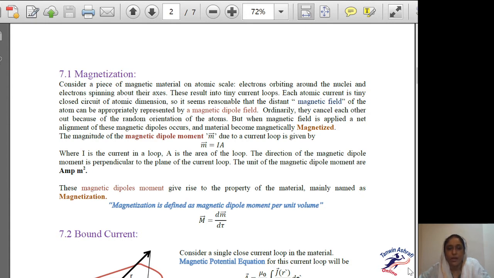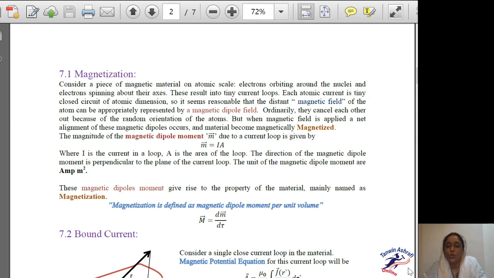The magnitude of the magnetic dipole moment m due to the current loop is given by m equal to I times area A, where I is the current of the loop and A is the area of the loop. The direction of the magnetic dipole moment is perpendicular to the plane of the current loop.